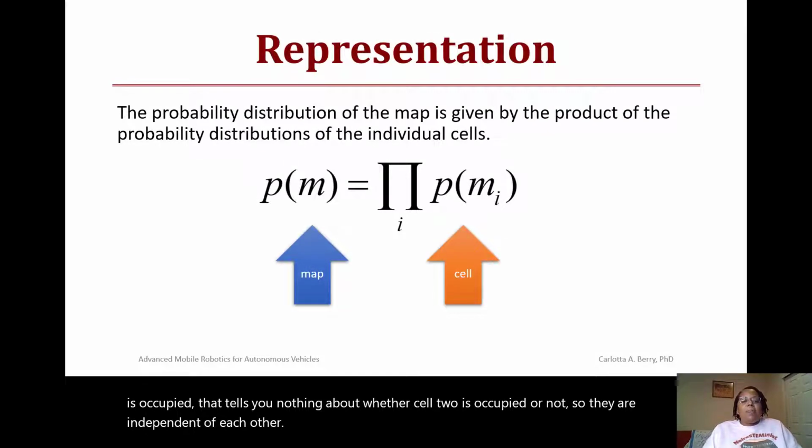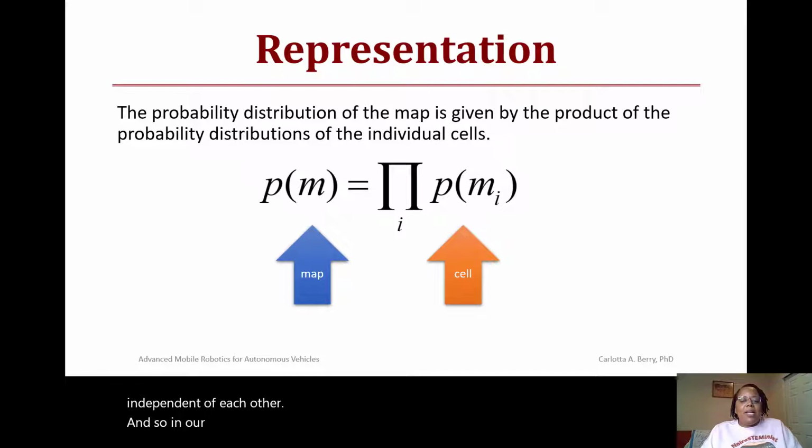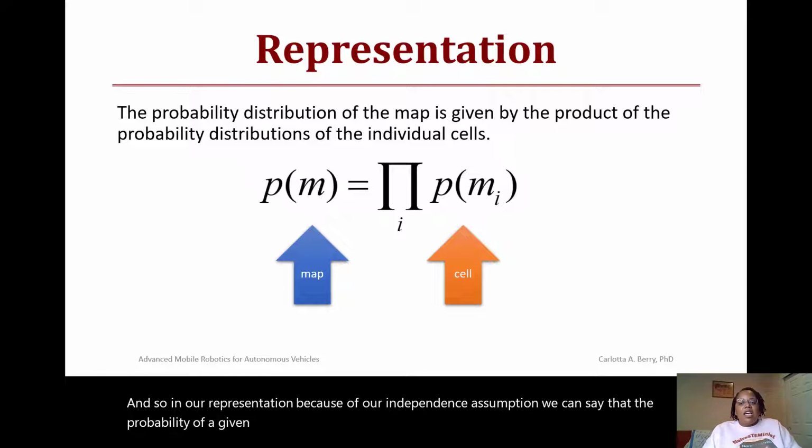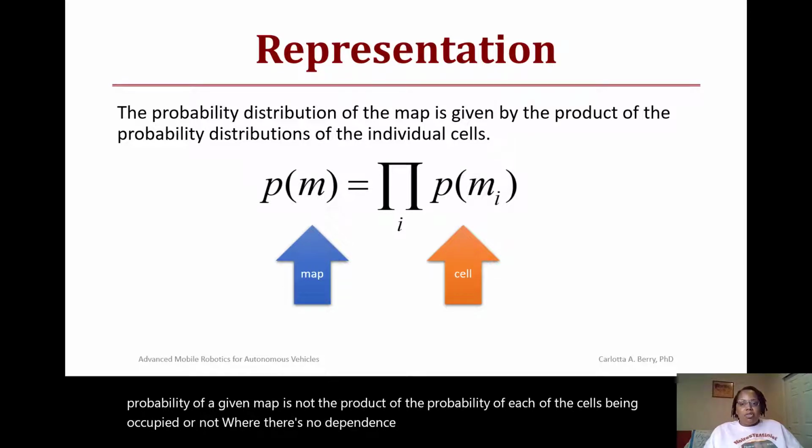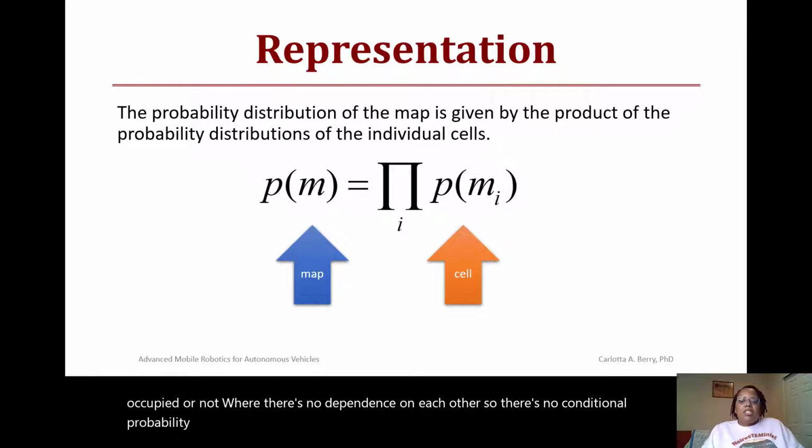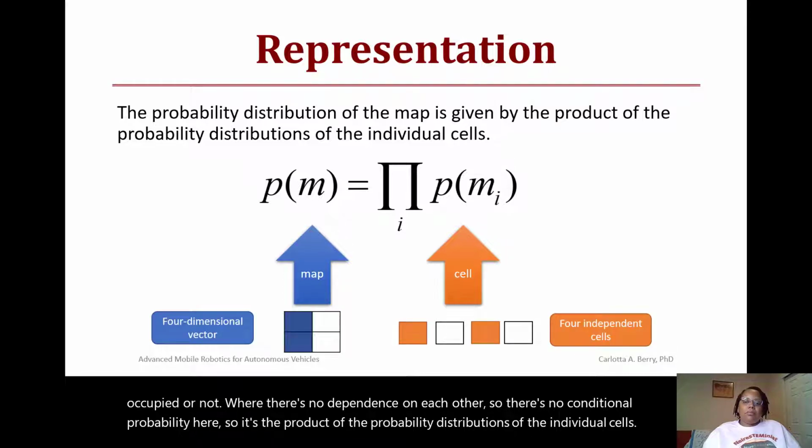And so in our representation, because of our independence assumption, we can say that the probability of a given map is now the product of the probability of each of the cells being occupied or not, where there's no dependence on each other. So there's no conditional probability here. So it's the product of the probability distributions of the individual cells.